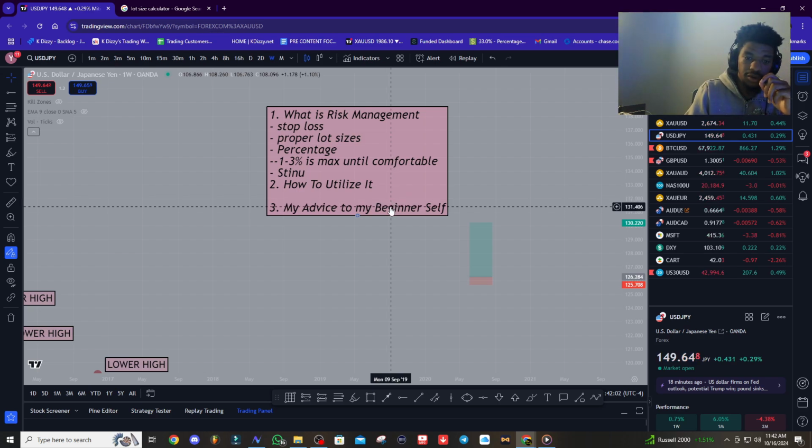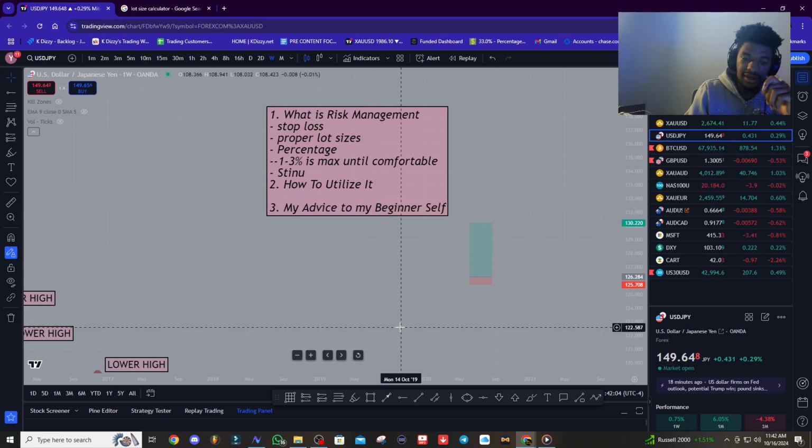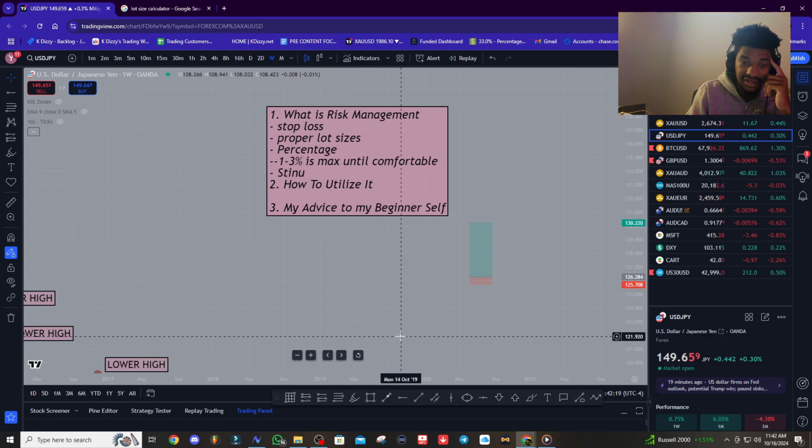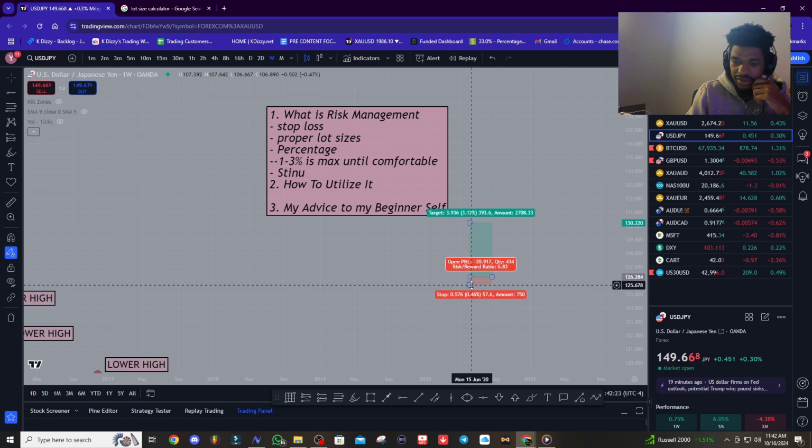If you don't know how much you're going to be losing on that trade and how much you're looking to gain, then you're gambling, right? If you don't already know in your head how much money you're risking and how much you're going to gain, you're gambling. That's what I was told, and I still agree.